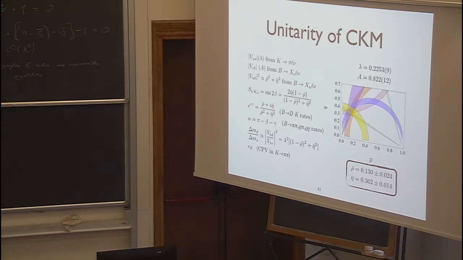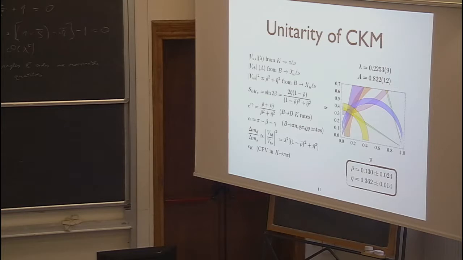So what are the main takeaways from this exercise? First of all, you see that both parameters, rho bar and eta bar, are not exactly order 1, so they are a bit smaller than 1, but they are not much smaller than 1. In particular, the eta bar, you can say it's order 1, and the eta bar is the one parameter in the CKM which parameterizes the presence of CP violation. Okay?